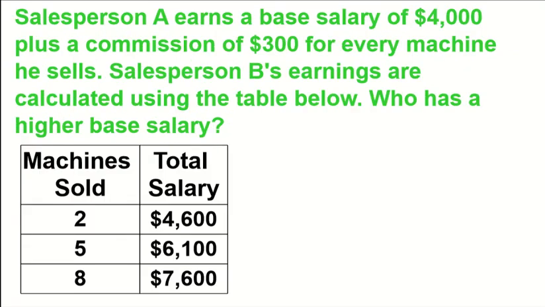Let's try this one. Salesperson A earns a base salary of $4,000 plus a commission of $300 for every machine he sells. Salesperson B's earnings are calculated using the table below. Who has the higher base salary?